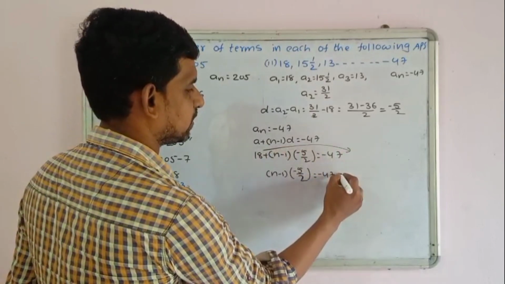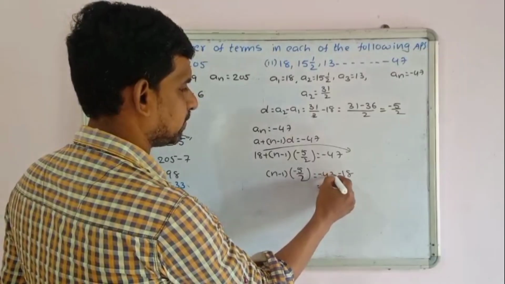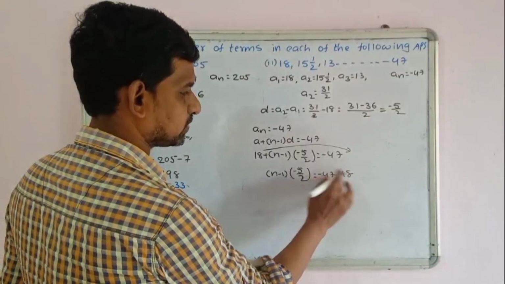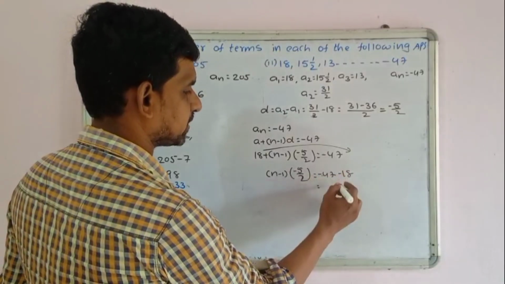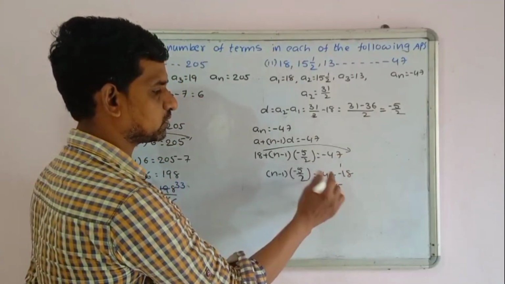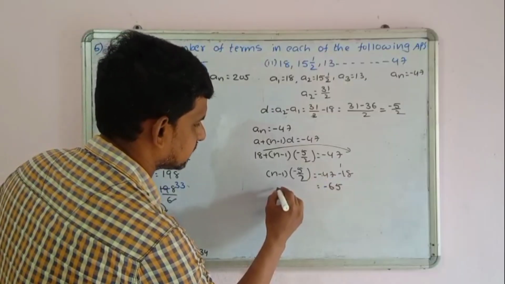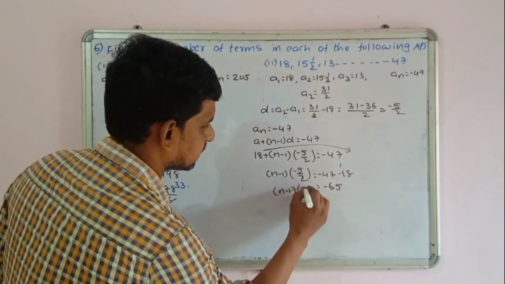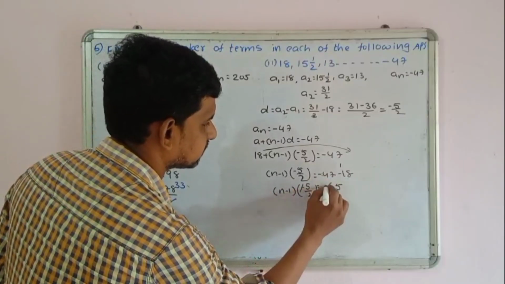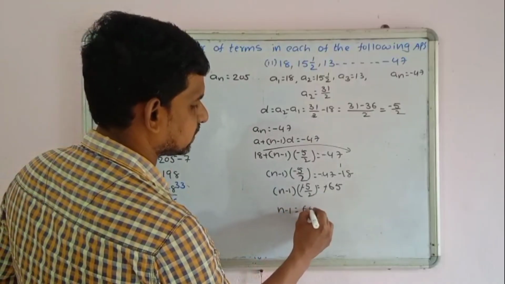Transposing 18 to the right side, minus 18. So minus 47 minus 18. 8 plus 7 is 15, 1 balance, 1 plus 1 is 2, 2 plus 4 is 6. Minus 65. So n minus 1 times minus 5 by 2 equals minus 65. Minus minus cancel, so n minus 1 into 5 by 2 equals 65.